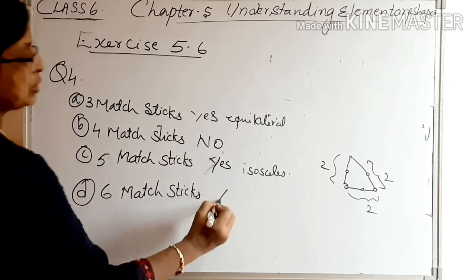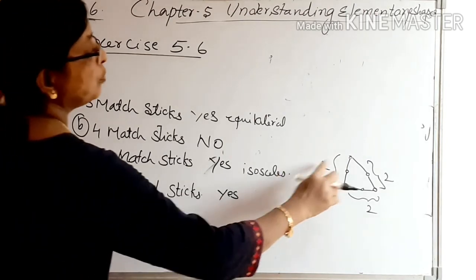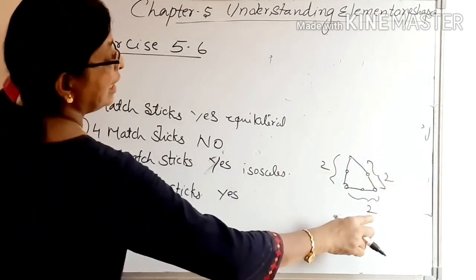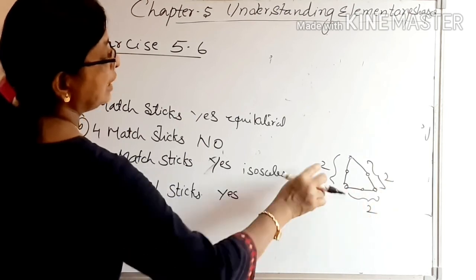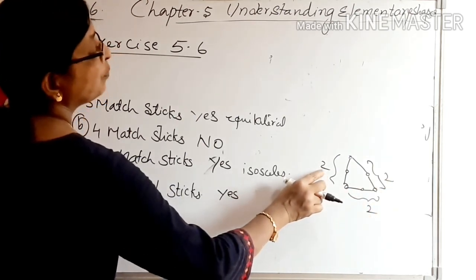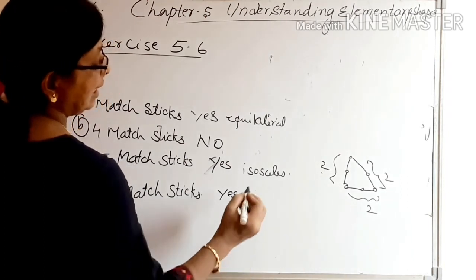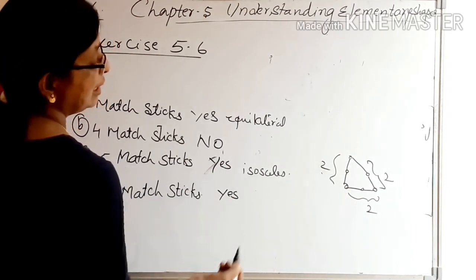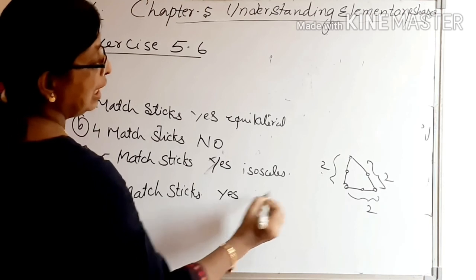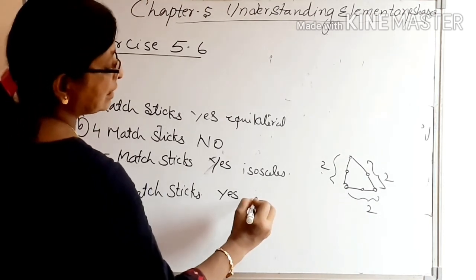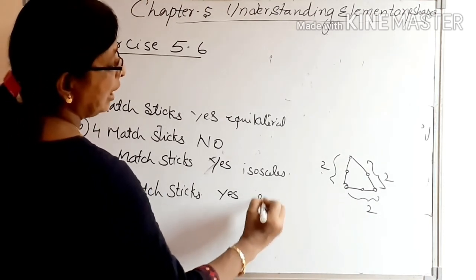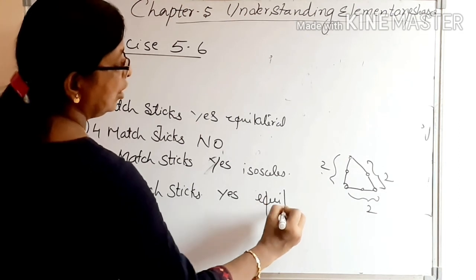Yes, this is possible because 2 plus 2 is greater than this 2. This 2 plus 2 is greater than this 2. Sum of two sides is always greater than the third side. Therefore, this is possible. What kind of triangle is this? Equilateral triangle.